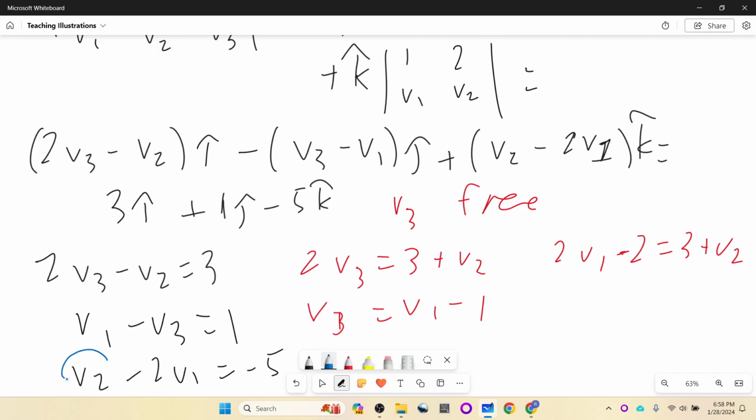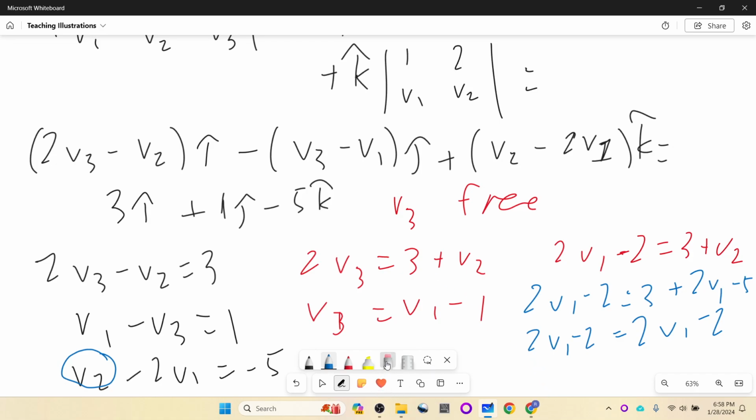And then we take the V2 here and plug that in. We get 2V1 minus 2 equals 3 plus 2V1 minus 5. So 2V1 minus 2 equals 2V1 minus 2. Well, that's trivial.